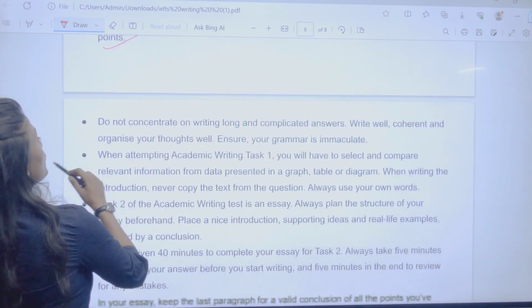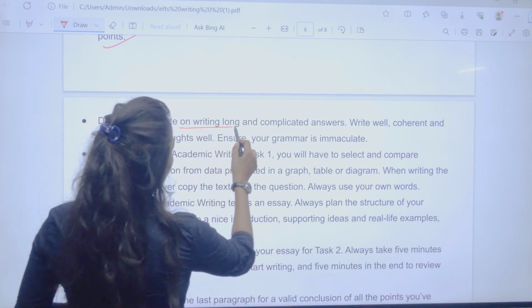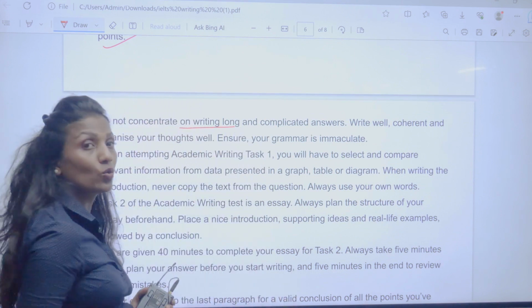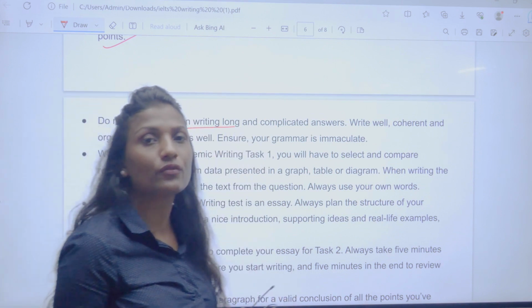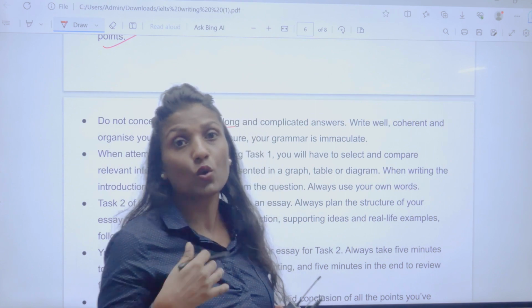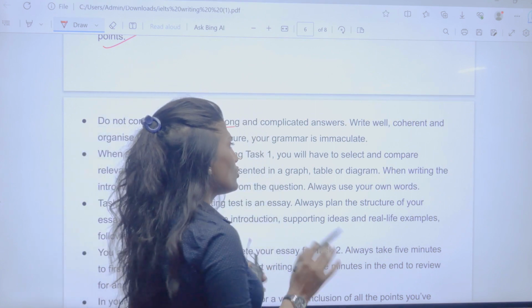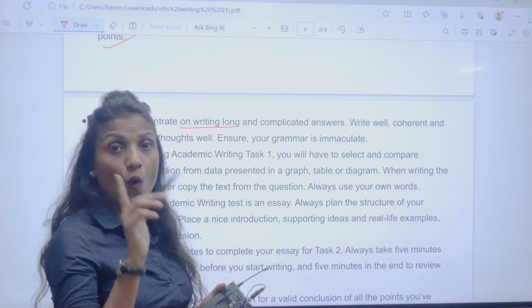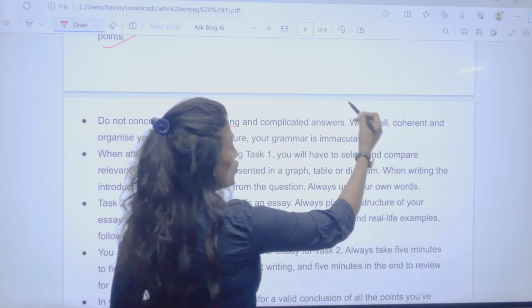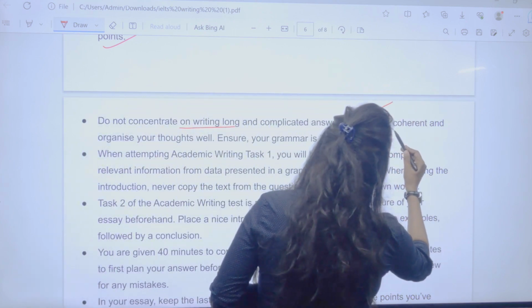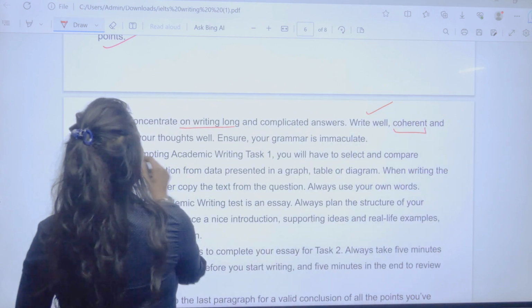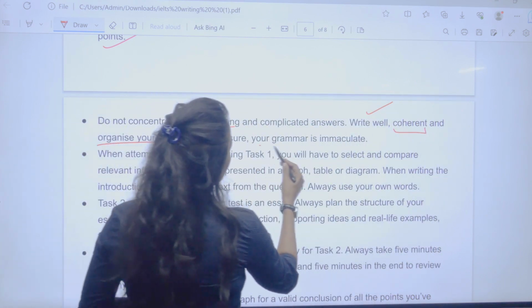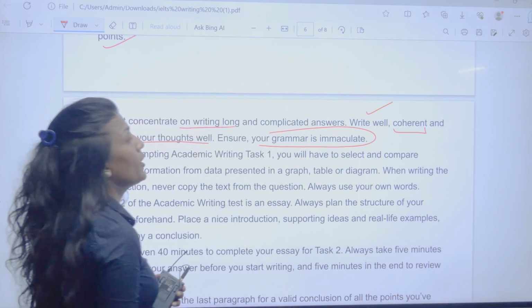Then do not concentrate on writing long. Often aspirants think that if we write a complicated style or long answers, we can fetch good marks. No, that is not important at all. What is important is that you write well. It should be coherent. Organize your thoughts well. Ensure your grammar is also immaculate.